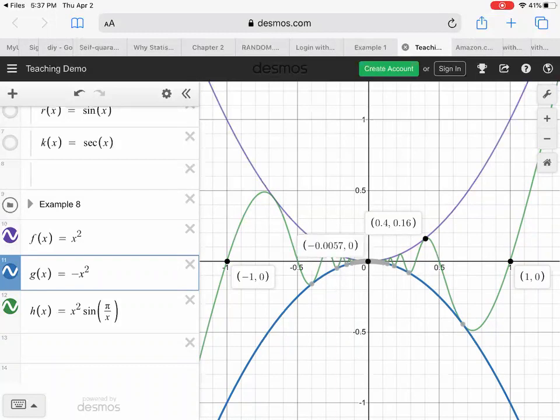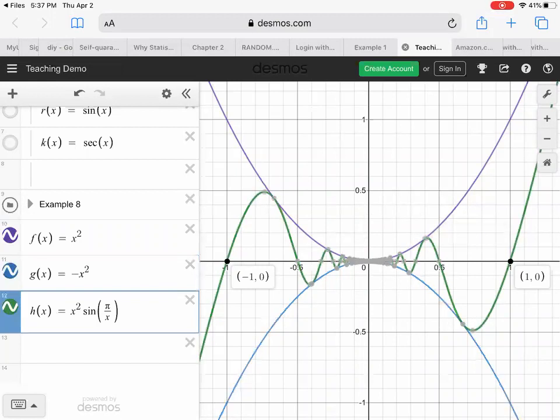So you can see that if you have two functions that squeeze one function in between, and the limit of x squared and the limit of negative x squared when x goes to 0 equal 0, then you can conclude that the limit of the green function when x goes to 0 is 0.